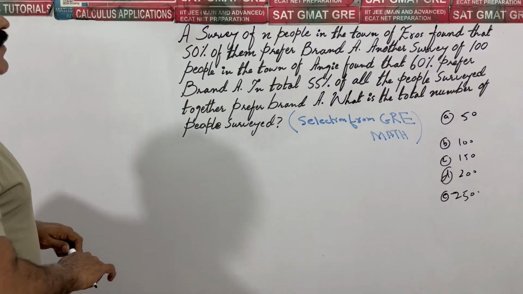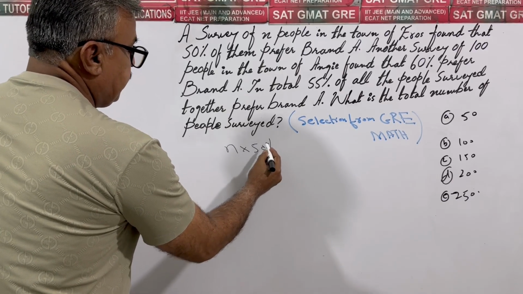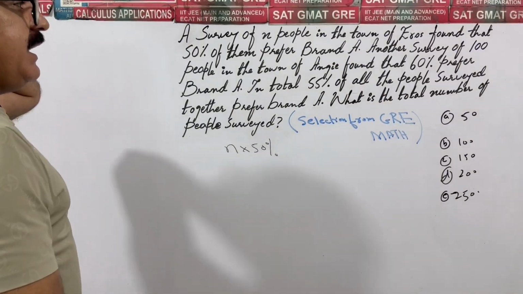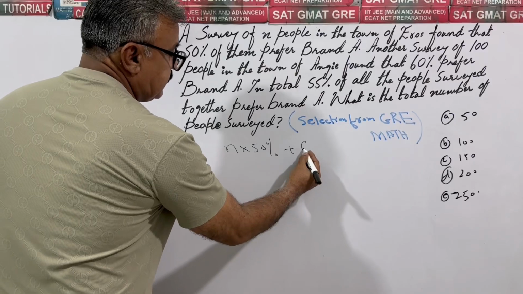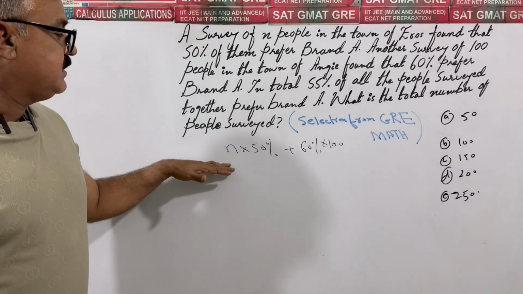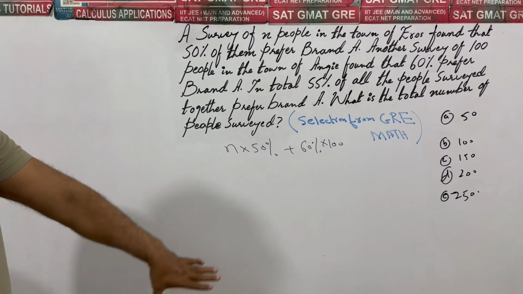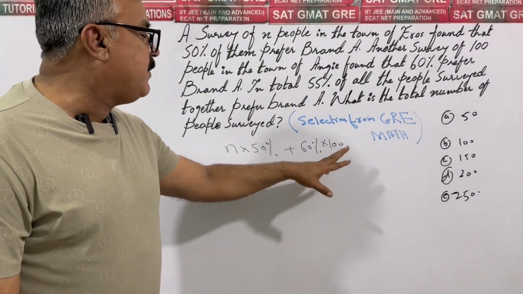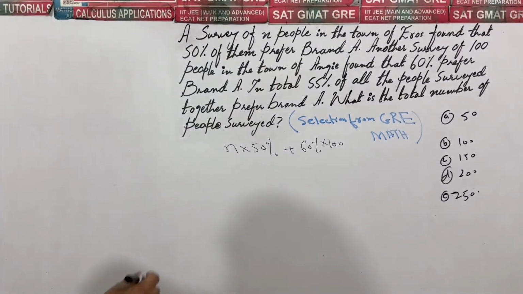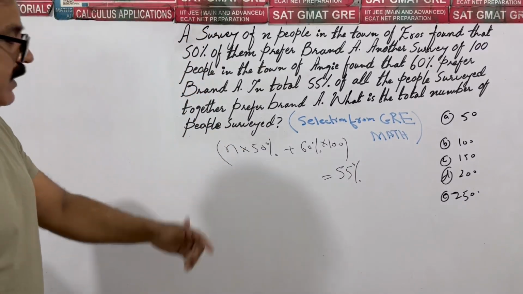First, from the town of Eros, N people have been surveyed, and 50% of them prefer brand A. From the other town NG, 60% of the total of 100 people prefer brand A. In lump sum, 55% of the total people surveyed prefer brand A. How many people?